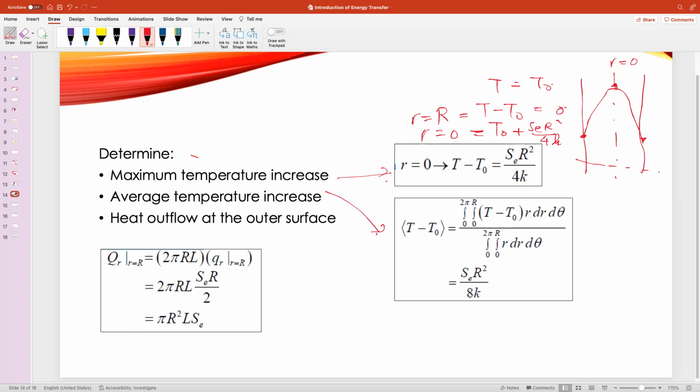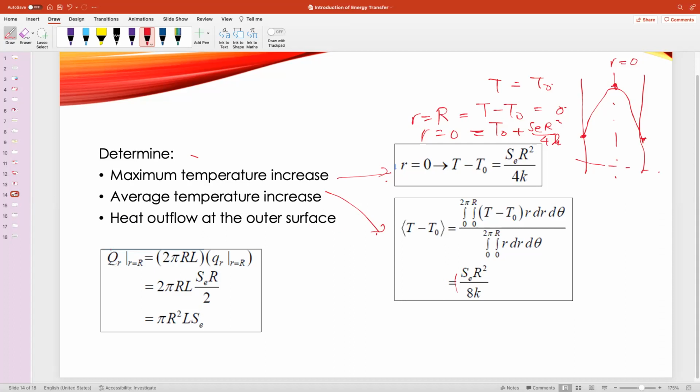So the integral of delta T r d r d theta divided by the cross-sectional area, similar to the circular pipe. So the average temperature is around half of the maximum. And then of course the Q, the heat outflow at the outer surface.